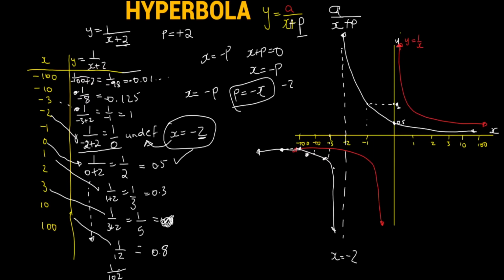So that's the graph, and you can see that it's still defined on the same quadrants because the value of A did not change.